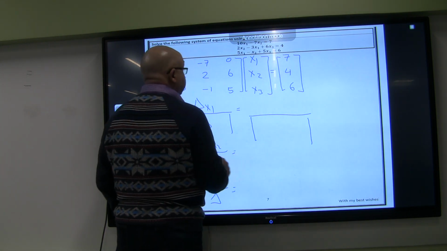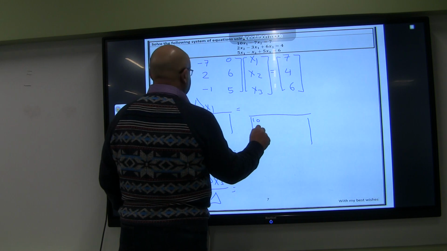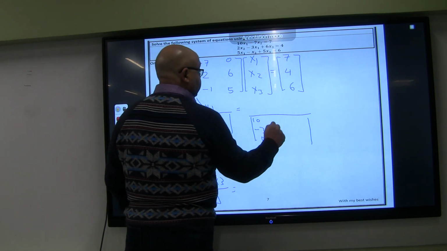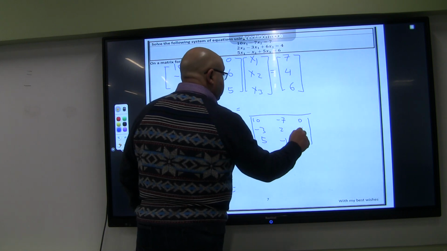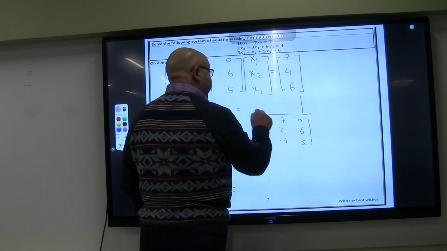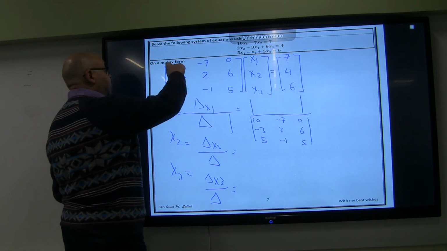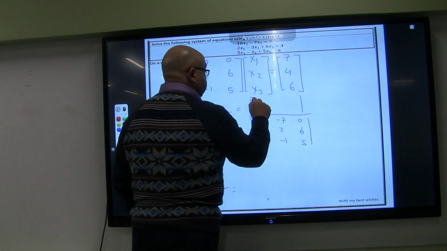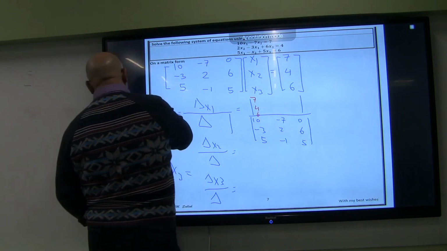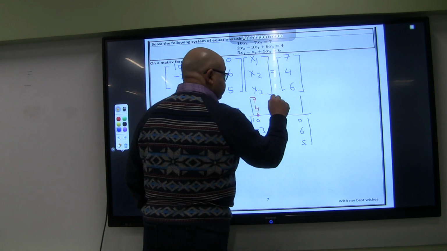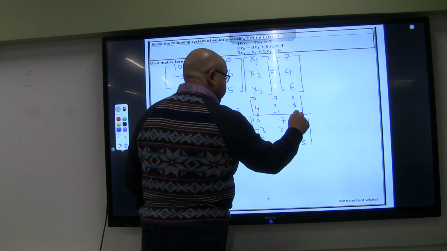This is the main determinant, which is 10, negative 3, 5, negative 7, 2, negative 1, 0, 6, and 5. For the determinant of x1, I replace the column of x1 by the result column, which is 7, 4, and 6. The remaining stays the same: negative 7, 2, negative 1, 0, 6, and 5.